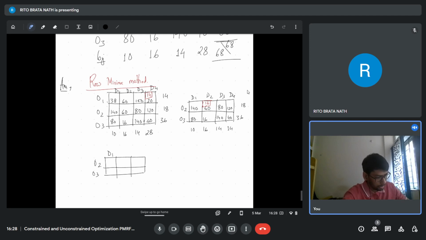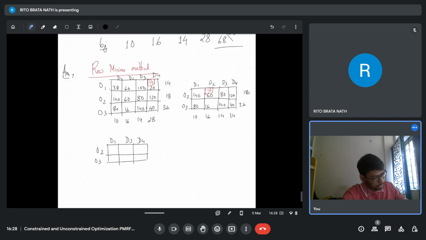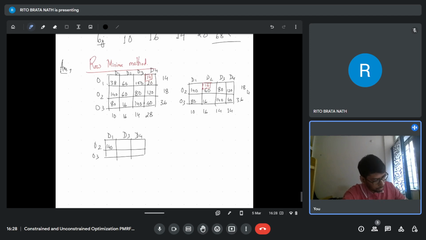Now you can delete D2. So this is D3, this is D4. Let's write down the cost: 140, 80, 120, 80, 140, 140. Let's adjust this. So this will be 2, this is 36, this is 10, this is 14, this is 14.